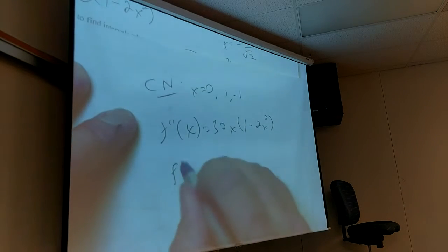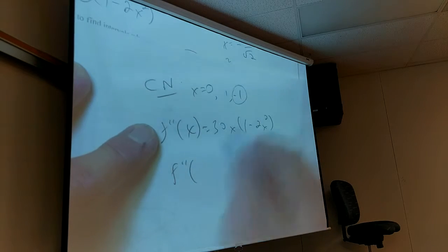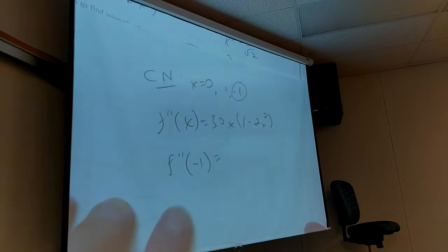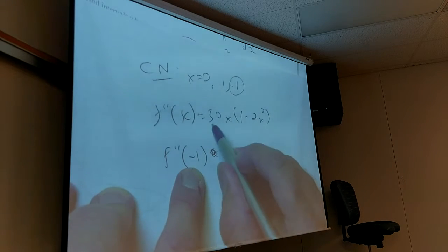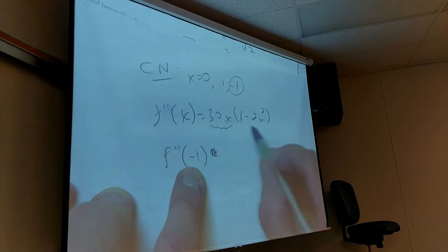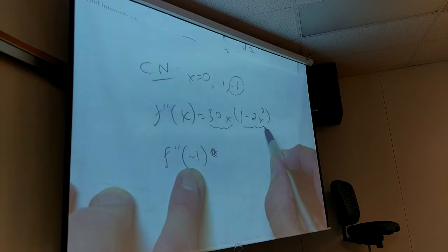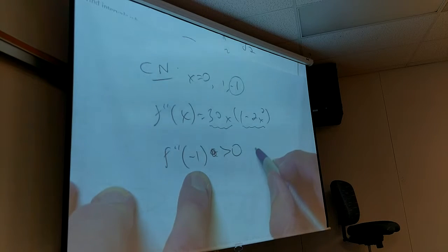What is f double prime of negative 1? Is it positive or negative? That's really all I care about. If I plug negative 1 in here, I get a negative times a negative. So I get a positive. That's greater than 0, so it's concave up.